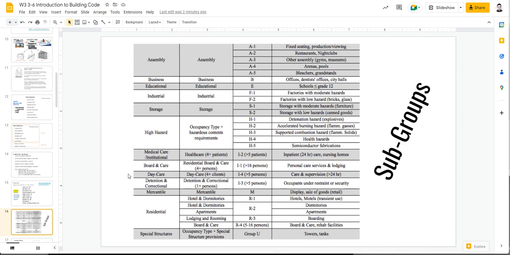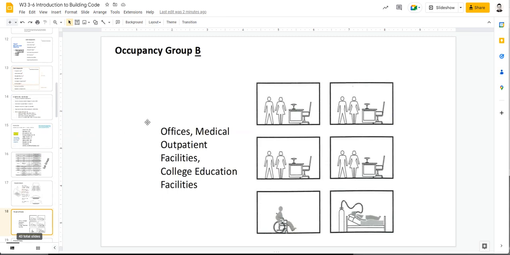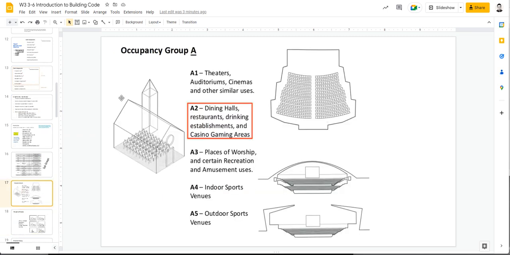And what subgroup are we supposed to be using? Well, we are actually in occupancy group A. Our project is a cafe, and so group A, subgroup A2, is for dining halls, restaurants, drinking establishments, and casino gaming areas.